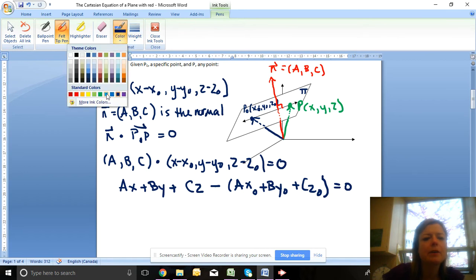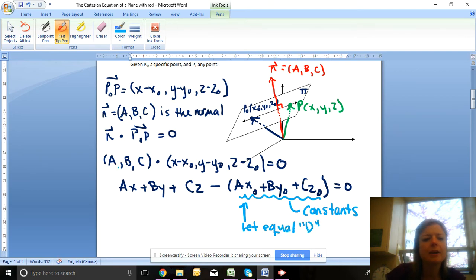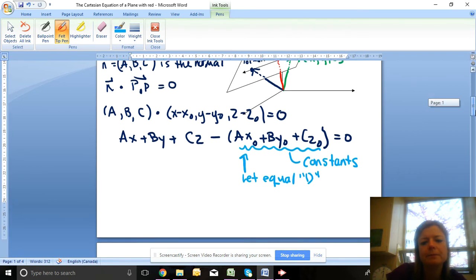If you're a little bit confused, you can go back to the Cartesian equation of a line. It's similar to this. These are all constants, and we'll let this equal D, capital D.